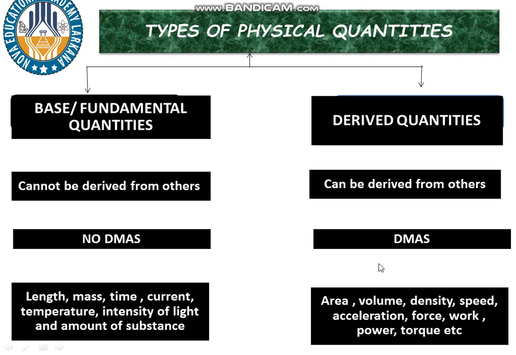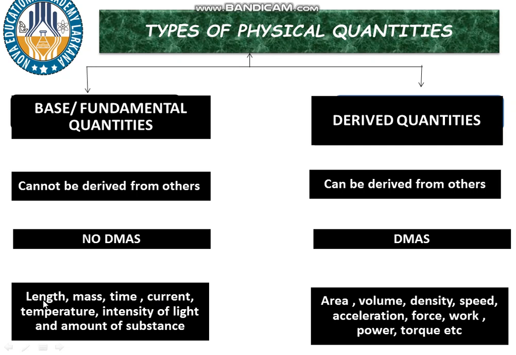There is no specific number related to the derived quantities. However, along with these, there are other supplementary units that will be discussed in first year physics. So there are the 7 fundamental quantities.